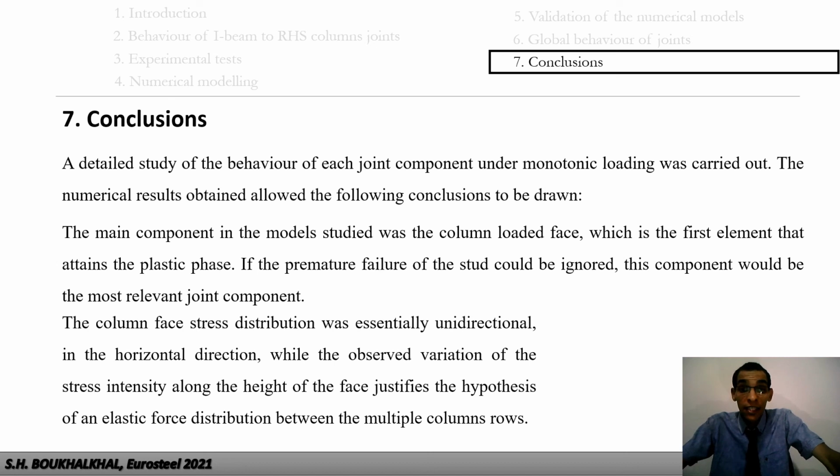The column face stress distribution was essentially unidirectional in the horizontal direction, while the observed variation of the stress intensity along the height of the face is justified by the hypothesis of an elastic force distribution between the multiple column rows.